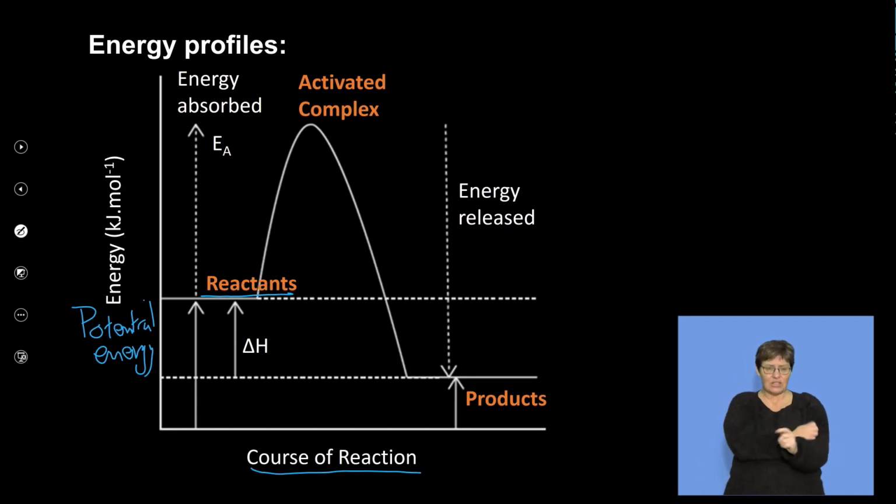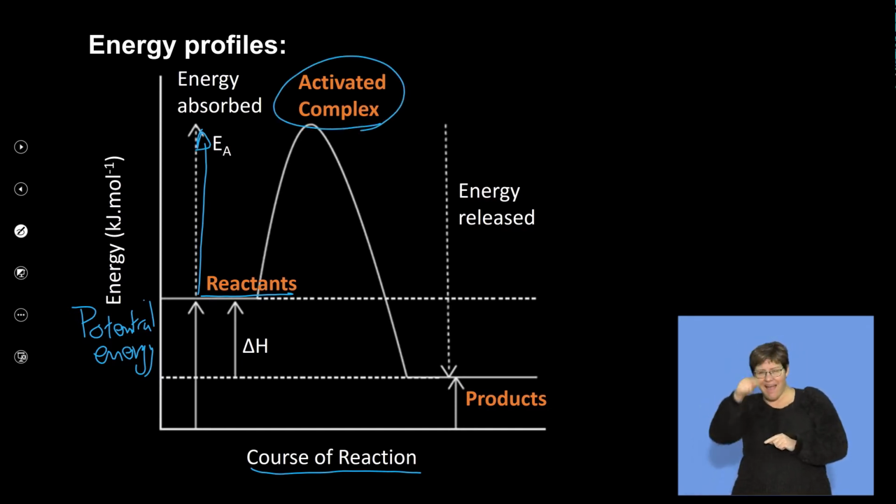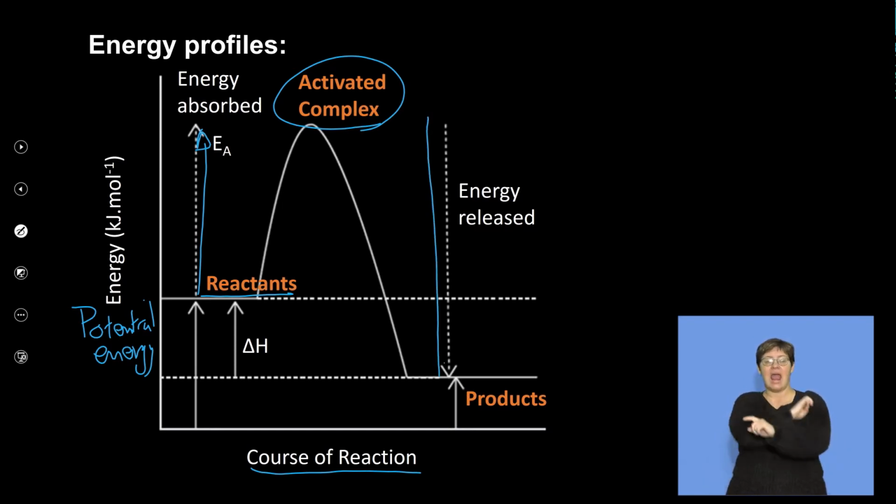They don't all react at the same time. So during the reaction, the energy suddenly increases. The potential energy increases. So there's an absorption of energy, and they reach this strange state here called an activated complex. And then there's a release of potential energy, and we get products being formed.